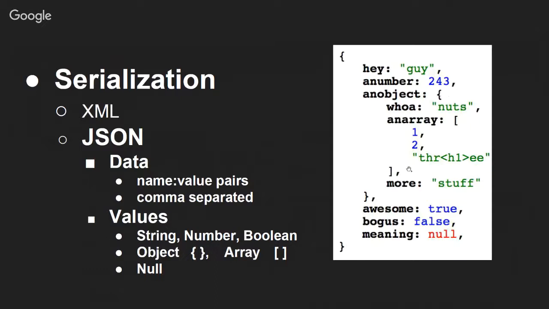In this case, the value, if you see here, is an object with braces, open brace and closed brace. And inside that object could be more name value pairs, comma separated. This name has an array value. If you see, here's the open bracket and the closed bracket with different kinds of data.